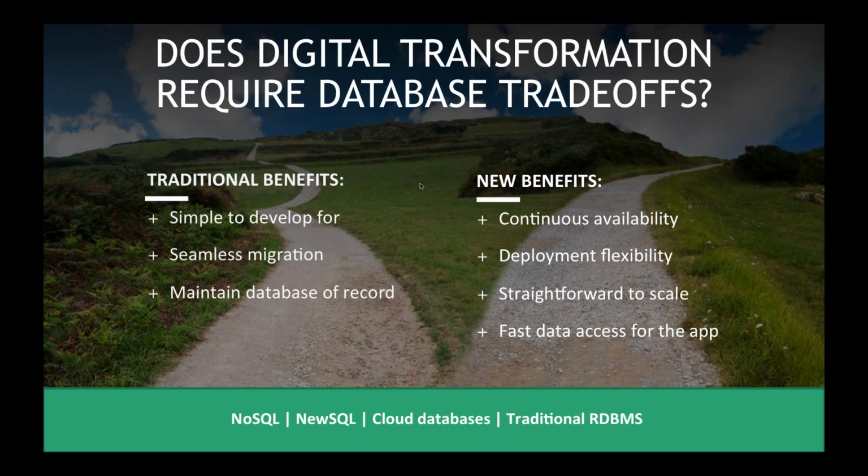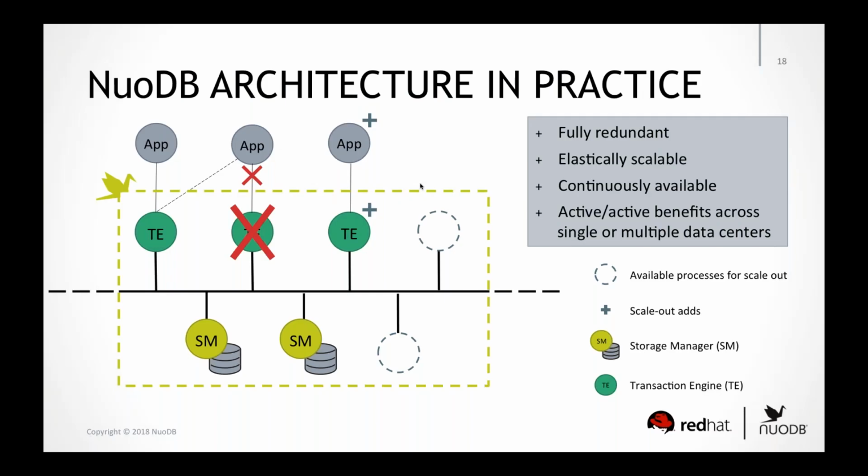In the next slide, we'll talk a little bit more about the architecture and how NuoDB is different from traditional databases. But at the same time, the reason why NuoDB is a great choice for banks is because it's a well-known entity. It's a SQL database. Banks have incredible skills in both designing applications against SQL as well as operating SQL databases.